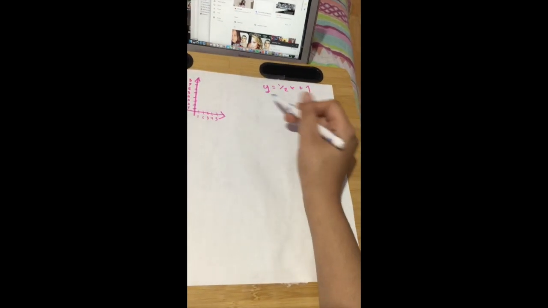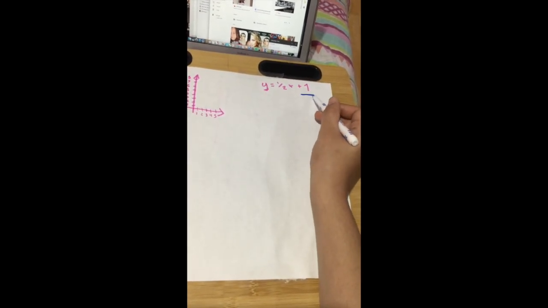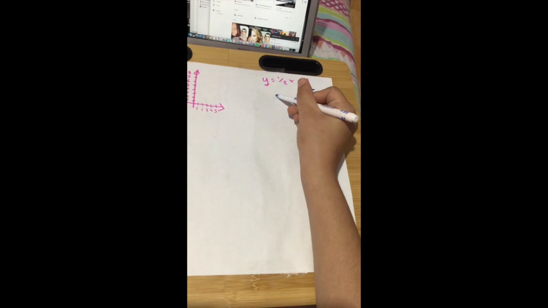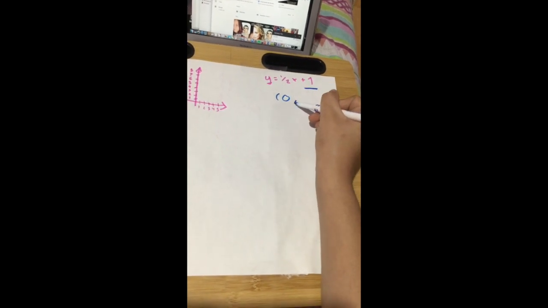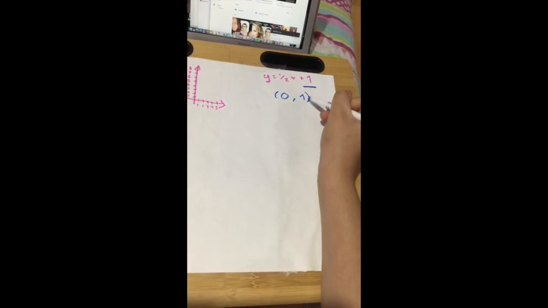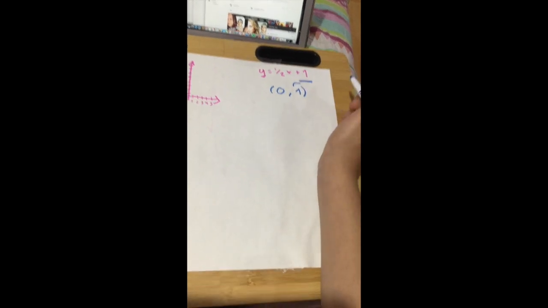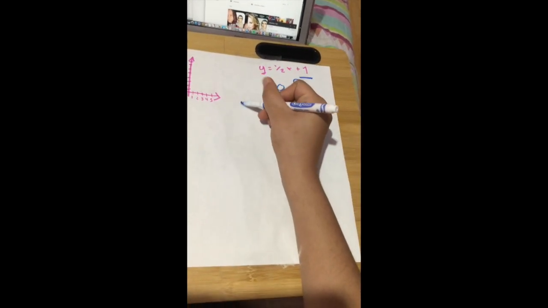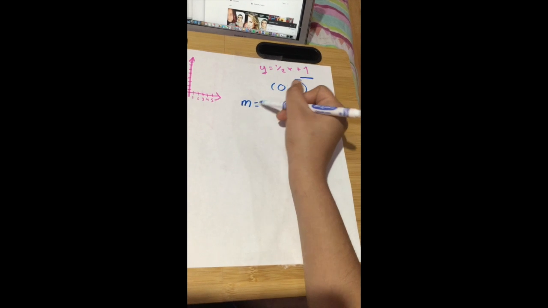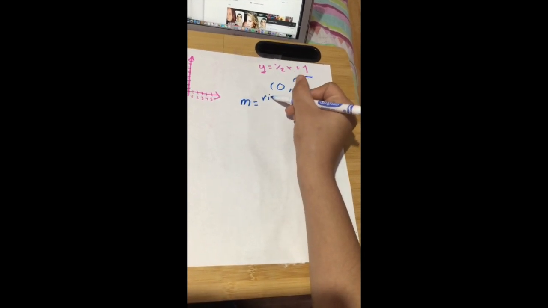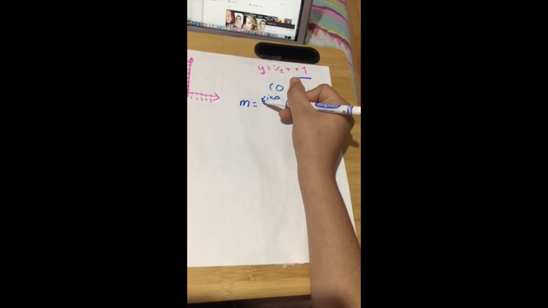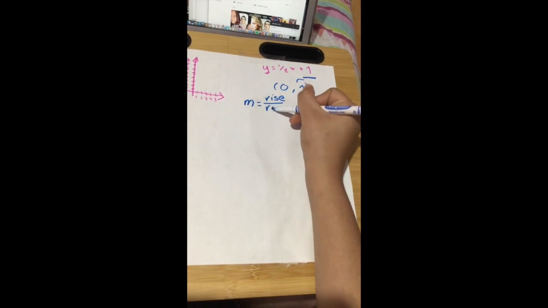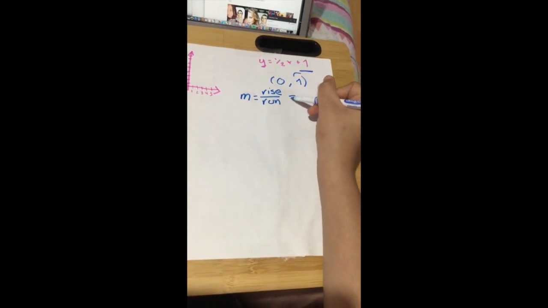Now that you have the slope form, we're going to pass it to graph. First, we have to get the y-intercept, which is 0, 1, because of the number at the end. After that, we're going to get the m, which is rise over run. Rise over run is equal to the slope. In this case, it's 1 middle.